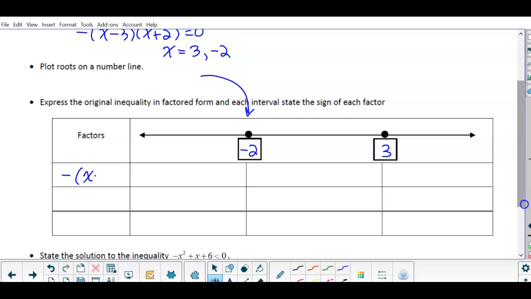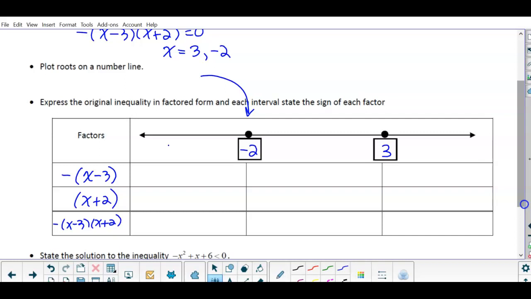So negative bracket x minus 3, then bracket x plus 2, and then the overall is multiplied together. You can see it's kind of a double line there because it's the final solution basically.